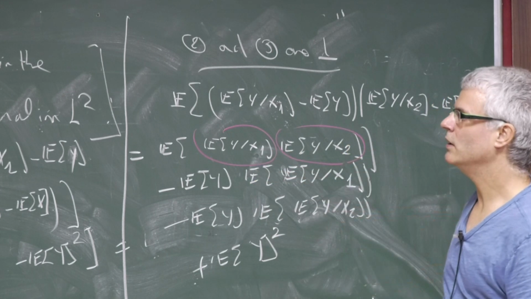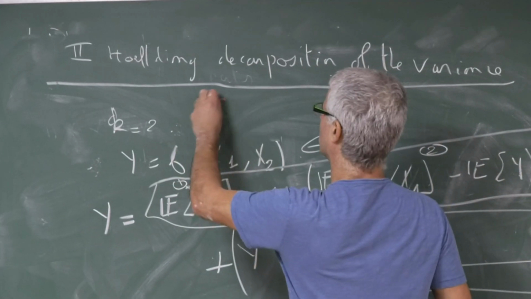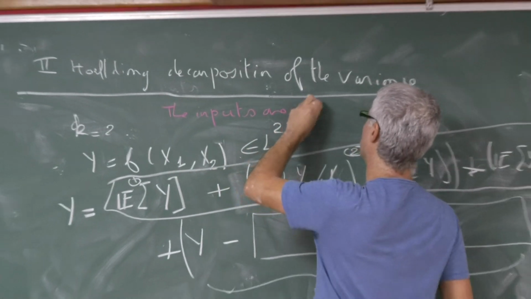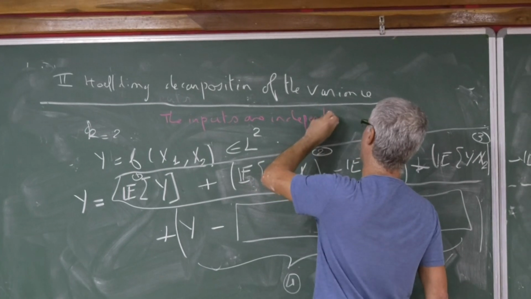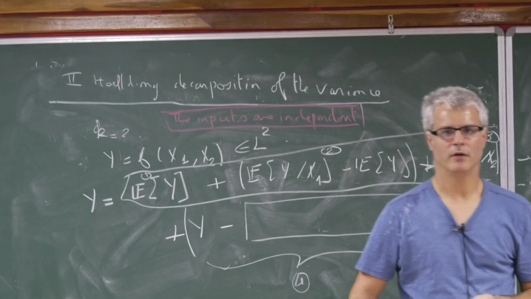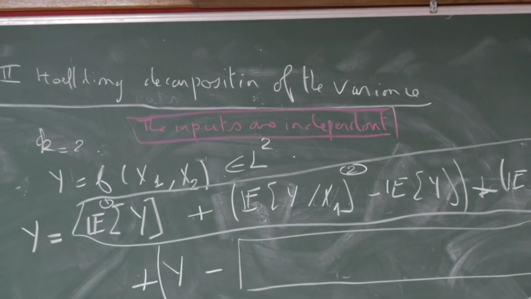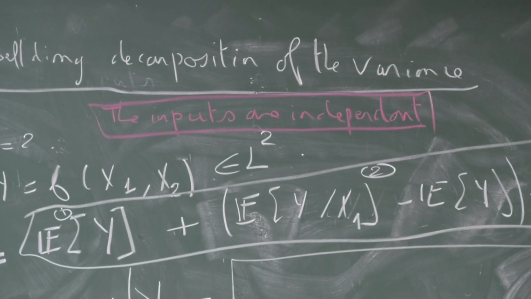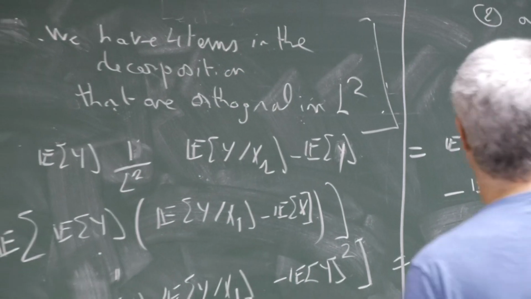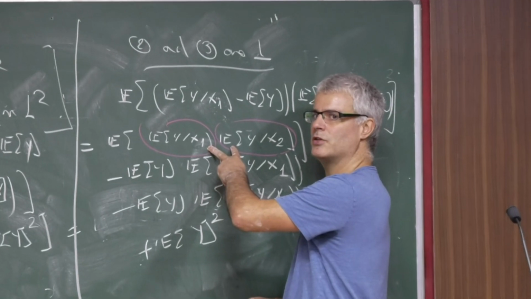Okay, so here, if I want to say something more, I need to assume that my inputs can be very different, but they have to be independent, okay? So if they are independent, here I will have the product of the expectations.